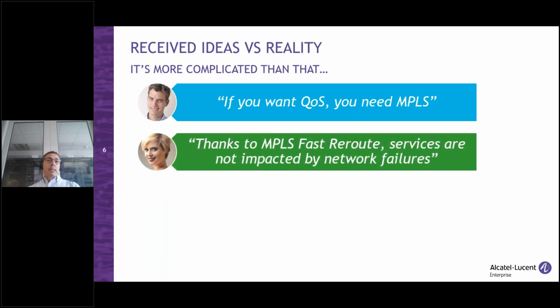The next one is that MPLS with fast reroute ensures no service impact on network failure events and that the network can recover very quickly, the famous 50 milliseconds convergence time. And well, this can be true in some situations, but not in general. And why is that? Firstly, for fast reroute, we need to have a pre-configured alternate path with sufficient bandwidth.